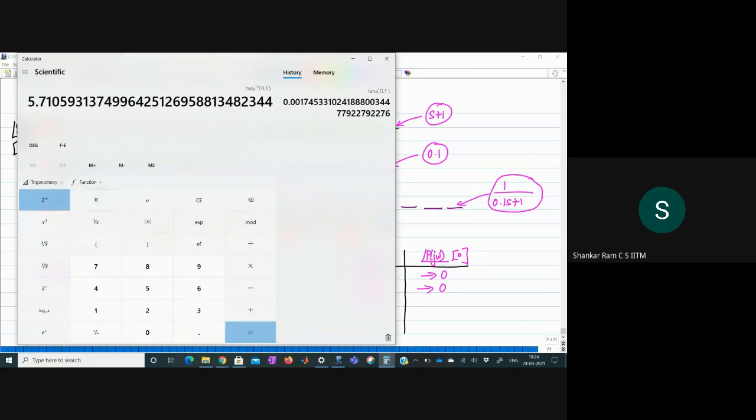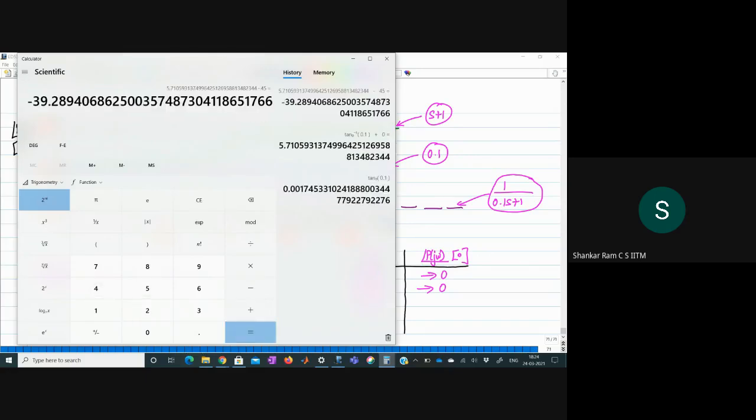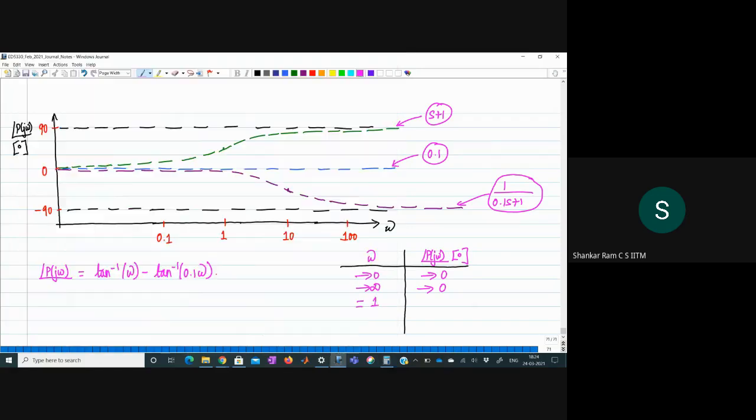Tan inverse of 0.1 will be this, and I need to subtract 45 from this, right? So of course, it's the other way around, but then what I'm going to do is that I'll retain this and plus 45, but it will be plus 39.3, right? So this value is going to be 39.3, right?